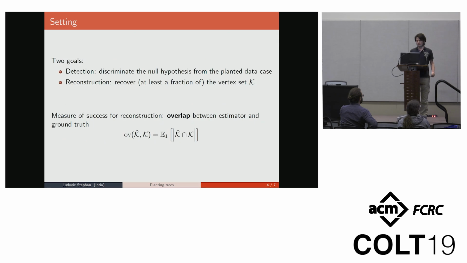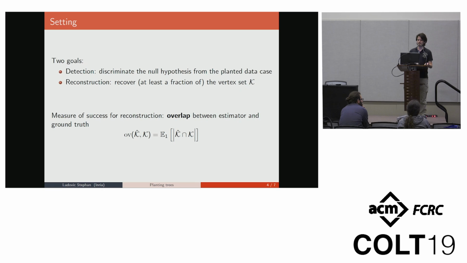The goal here is twofold. First, detection, which means that we want to discriminate between the null and alternative hypotheses with high probability. Then reconstruction, which is, once we know we are in the alternative hypothesis, to recover at least a fraction of the vertex set of the planted subgraph.